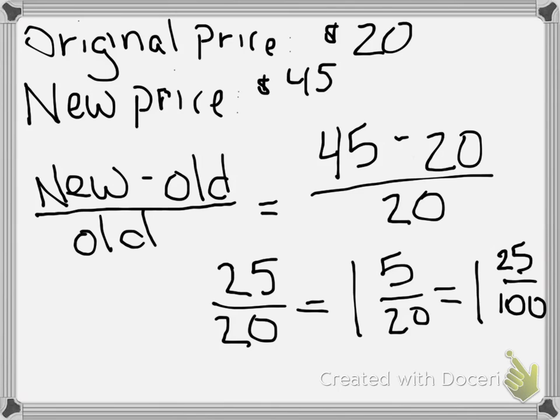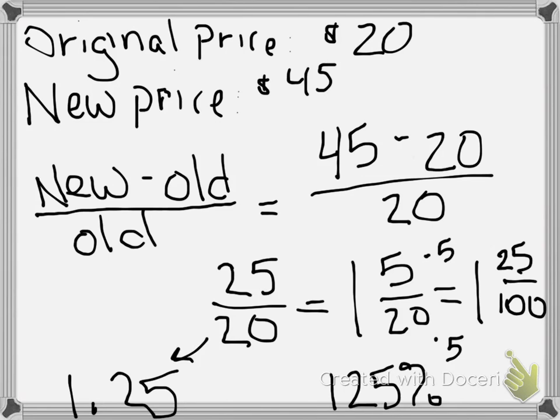I just multiplied by 5, multiplied by 5. So here, I'm left with 125%. Again, if you did it in your calculator, it would just look like a 1.25. And you can go that way too. So either way works. But the point is, here, we're at 125%.